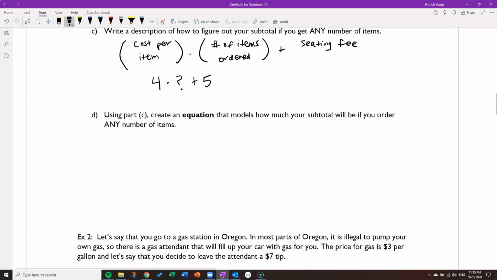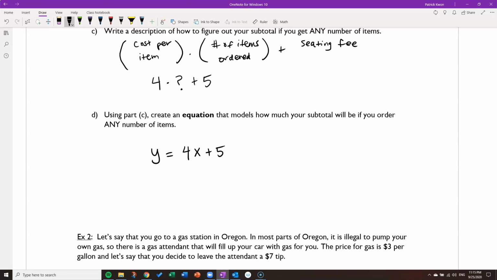Part D is very similar. It says using Part C, create an equation that models how much your subtotal will be if you order any number of items. Recall that an equation is just a mathematical statement that compares two things with an equal sign. And so a lot of times equations will have variables, and in this one I'm going to use y to represent the subtotal and 4x plus 5.